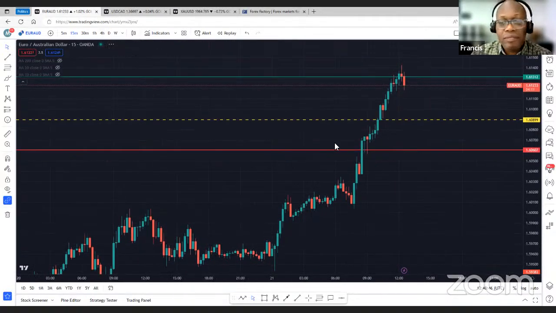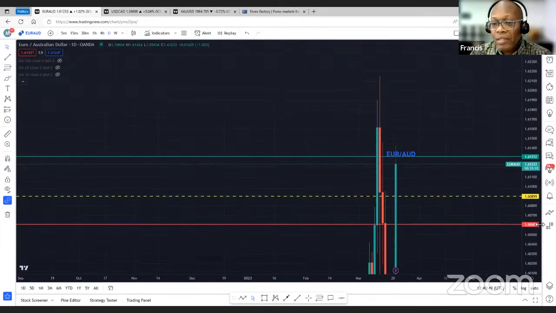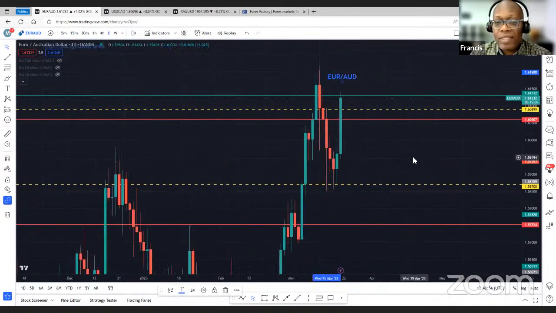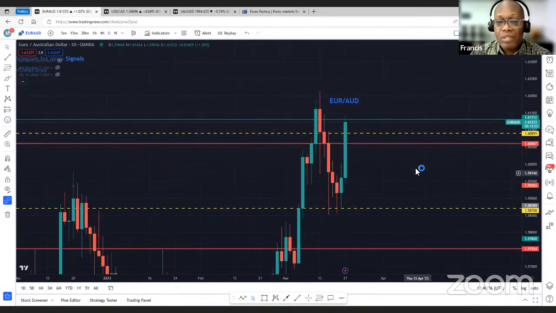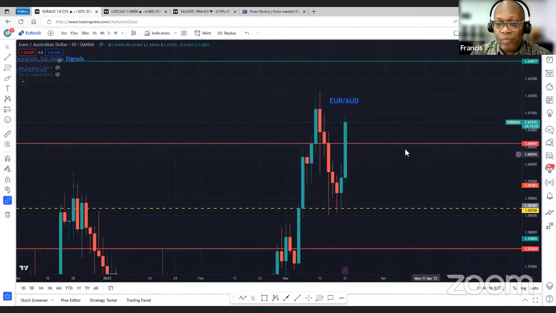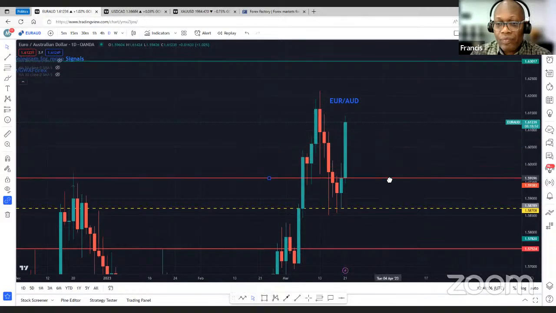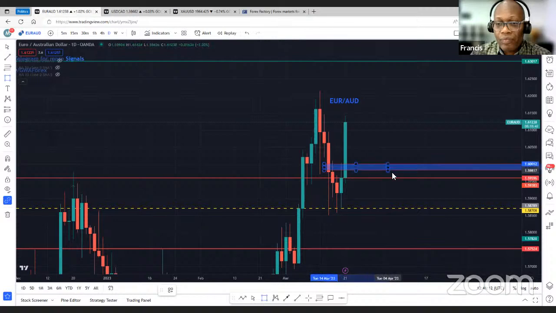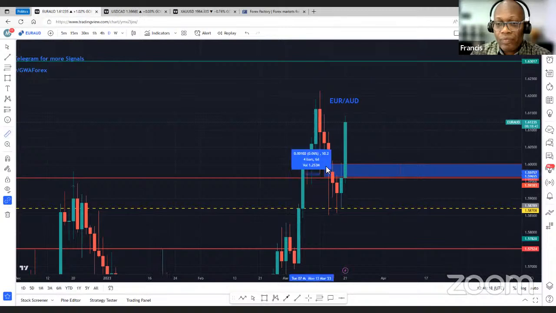So let's start from the higher time frames. We can see what's going on here. We can see this big move here. Let me just quickly mark out some spaces.